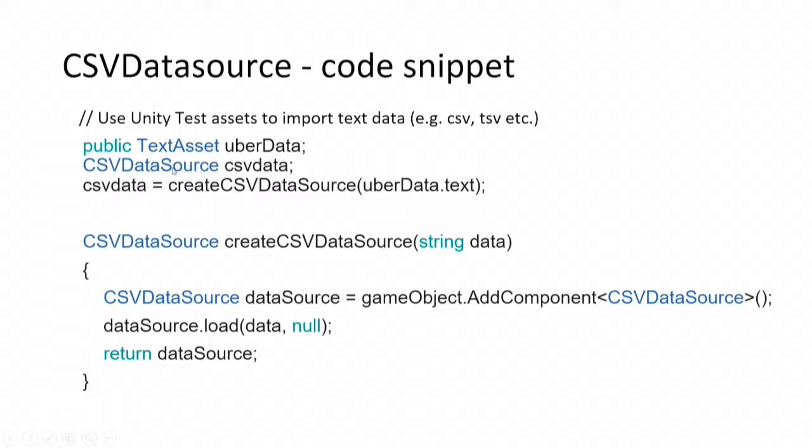Now this data source is actually built on top of a more abstract data source type. At the moment, as Maxime said, we only support comma separated or tab separated data, or space separated data, whatever you have. But it is abstracted out. So if you want to build new types of data loaders, you can. You can build it on top of our framework and load it in and view it in the editor.